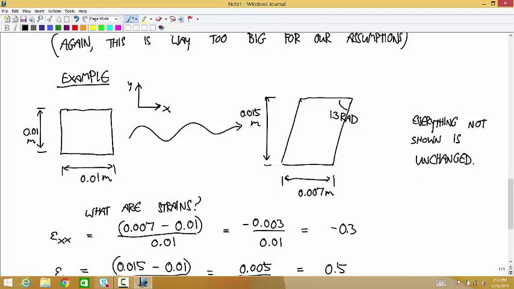In this example, that would be an important thing to worry about because we have these really big values. But in our problems where all of our strains are 10 to the minus 4, 10 to the minus 5, 10 to the minus 6, there's no significant difference between whether you're measuring the height or the length. You see how that limit works out as those values get really small?